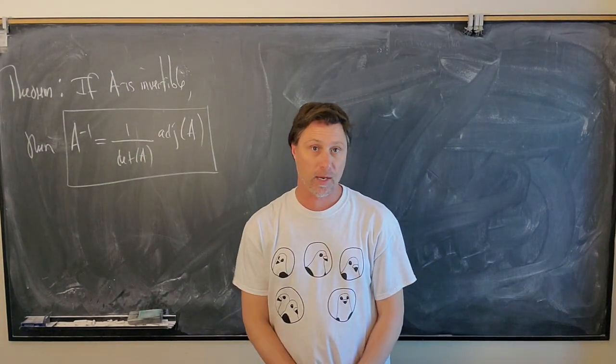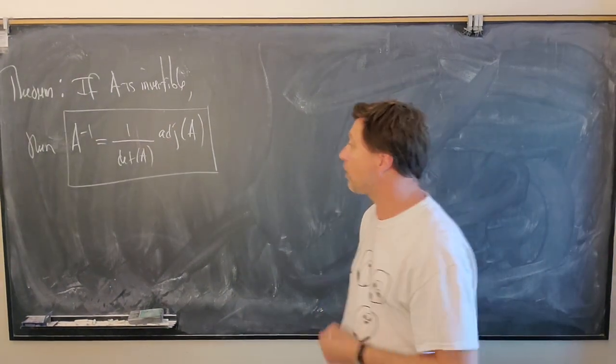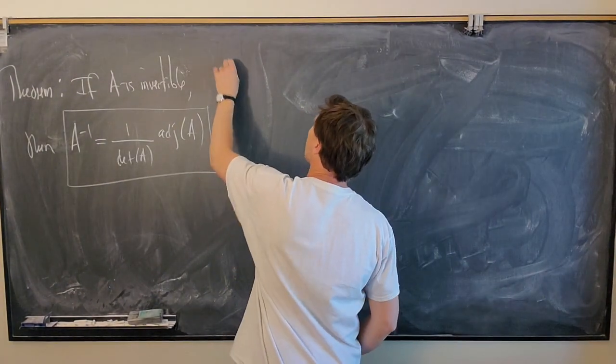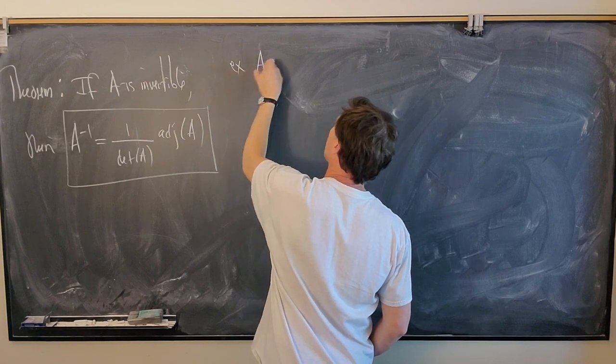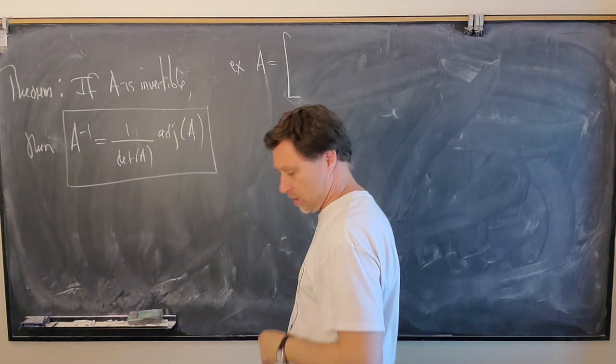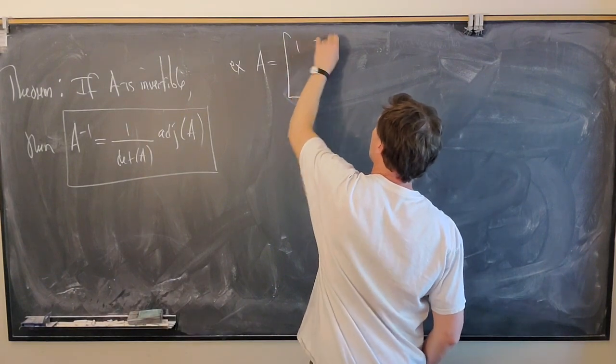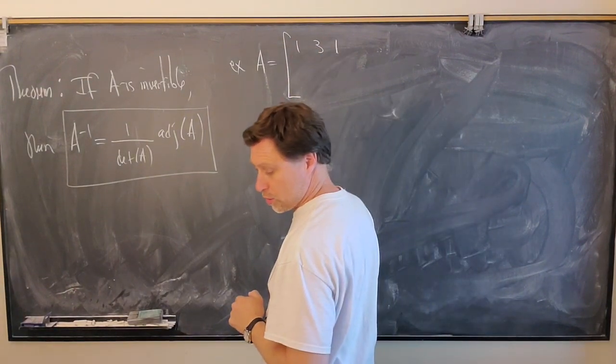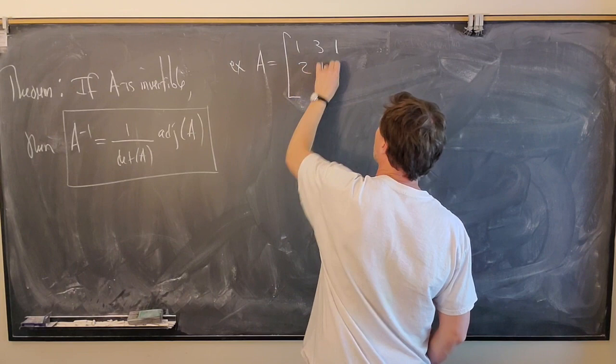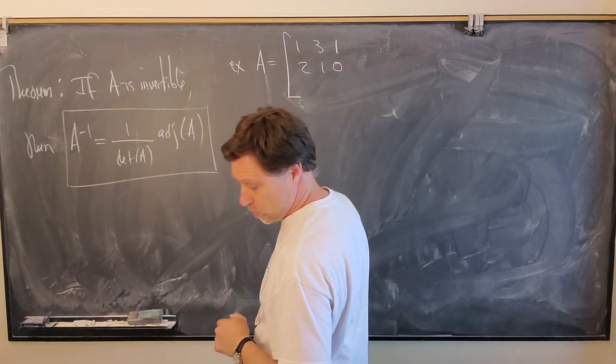Okay, now let's try an example of seeing this algorithm in action. So let's take a 3 by 3 matrix A. It's going to be 1, 3, 1, 2, 1, 0, and 1, 0, 1.